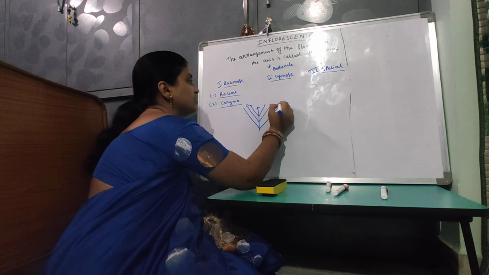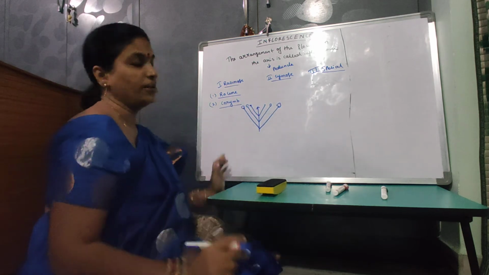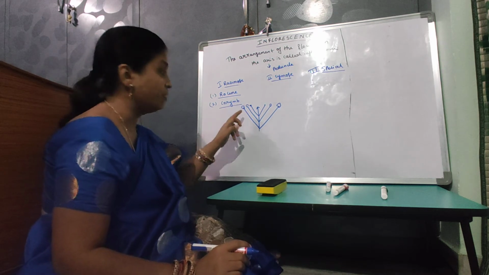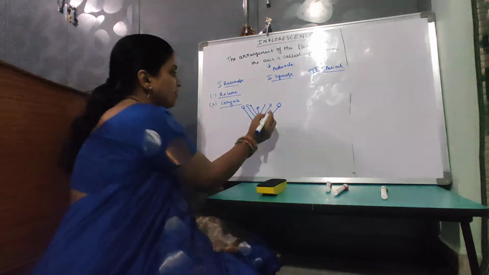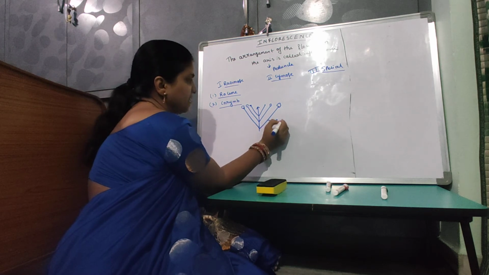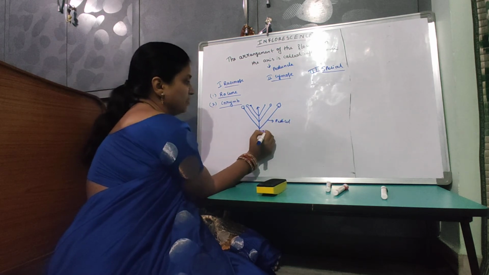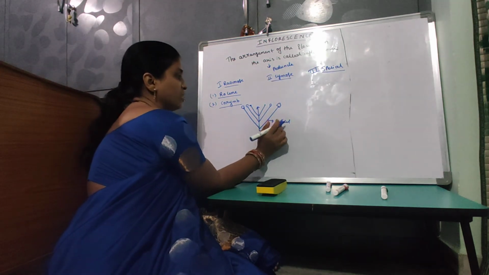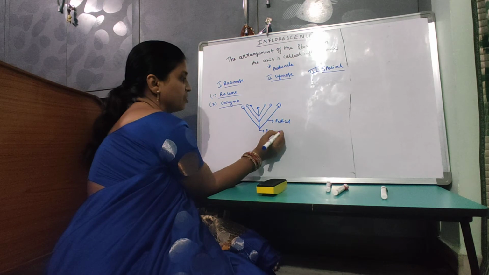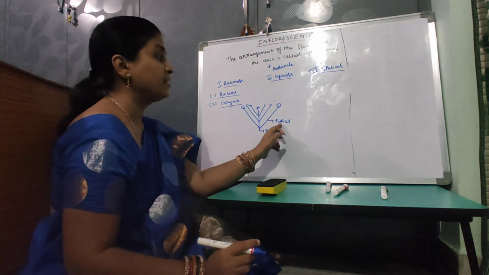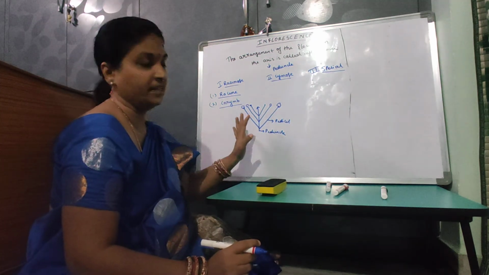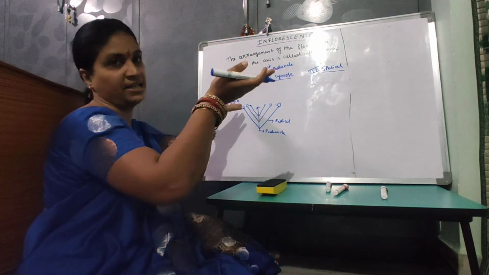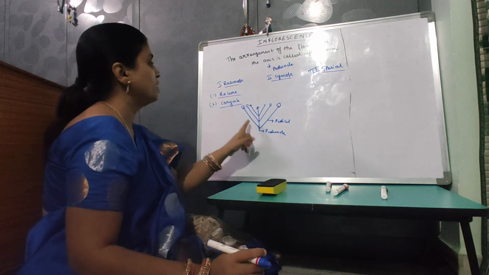The pedicel is nothing but the stalk of the flower. This is the pedicel. This is the peduncle. The main axis of the inflorescence is the peduncle. The stalk of the flower is called the pedicel. That is the difference. So the pedicels of the flowers are of different lengths. The flowers arise at different nodes and come to the same height. So this is called corymb.